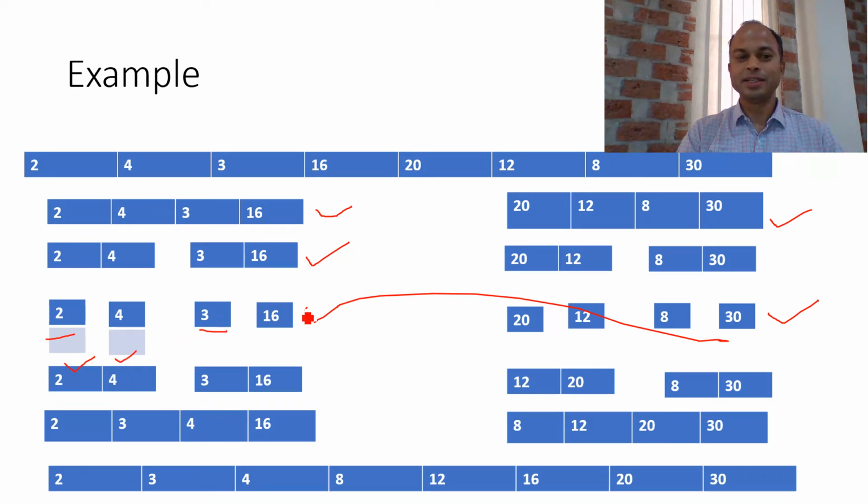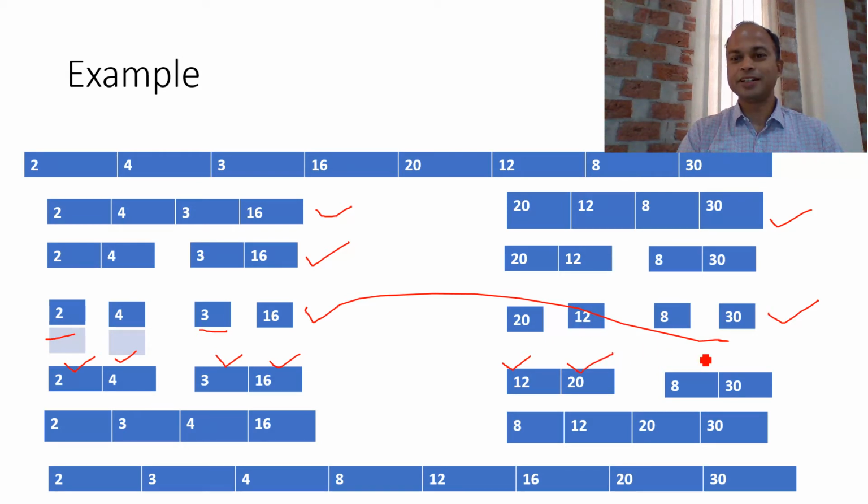Similarly here, 3 and 60 are compared. 3 is smaller, so we have taken 3, then 16. Now 12 and 20 are compared. The smaller one is 12. We have taken 12, and the remaining element is 20. We have copied 20 here.